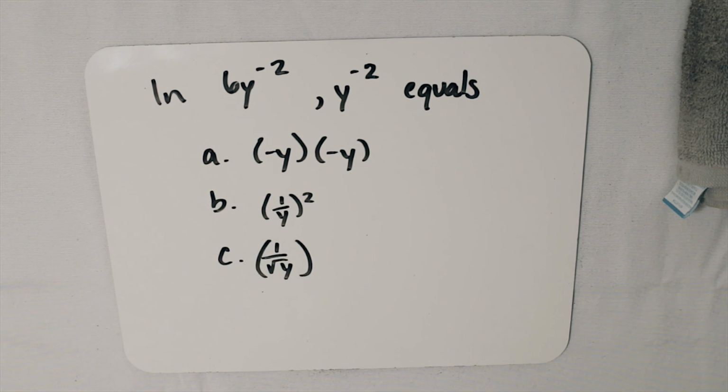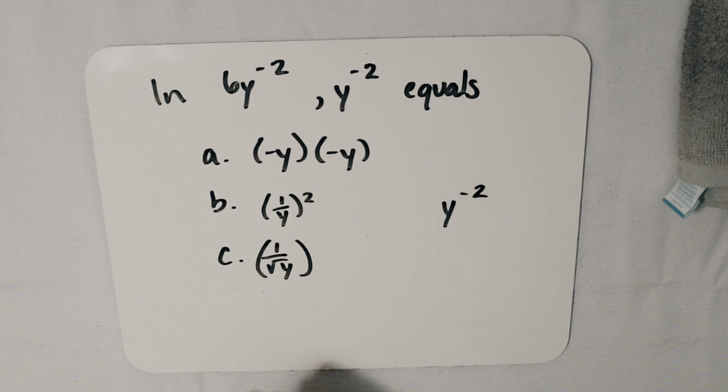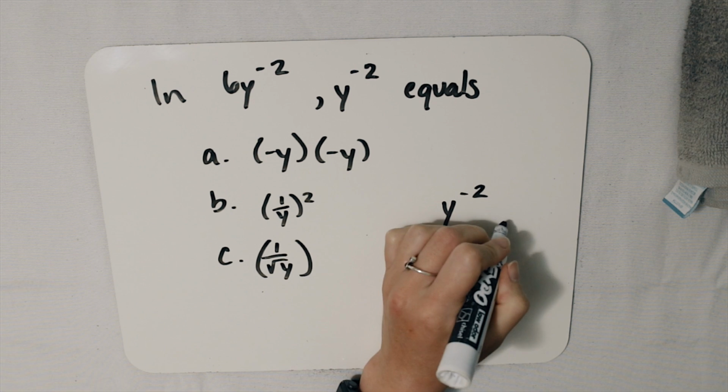Okay, so what you want to do is you want to remember what we learned with negative exponents. So how do we turn a negative exponent into a positive? In order to do that, we need to take whatever that negative term is and we move that to the denominator of a fraction. So we have y to the negative second, and in order to make it positive, we need to move that y into the denominator of a fraction.